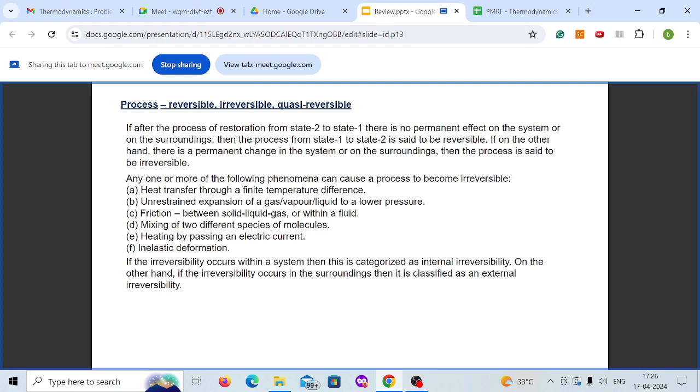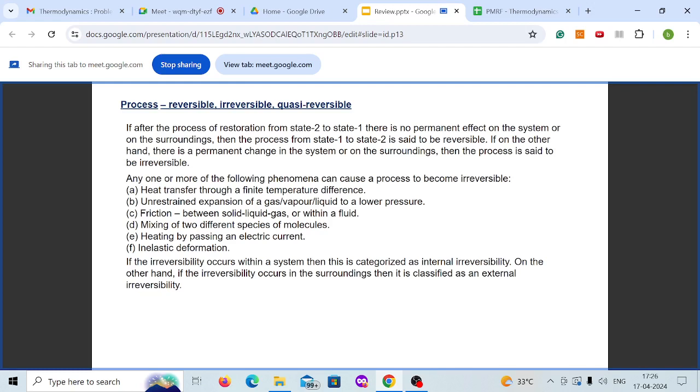With that, the process can be of three types. One is reversible, irreversible, and quasi-reversible. Reversible is a process where you can go back to the previous state.